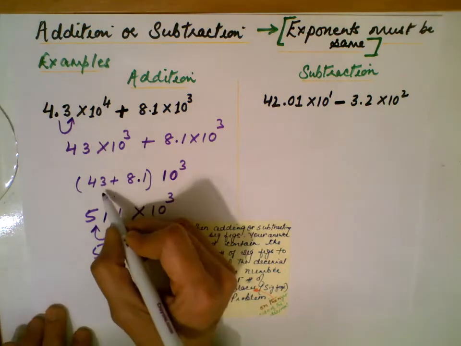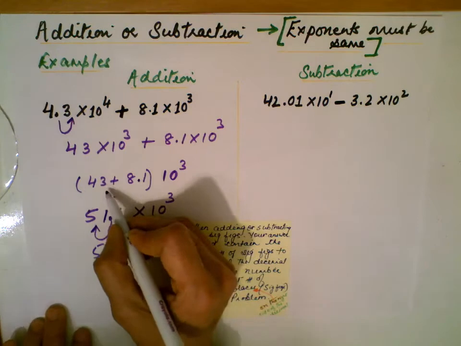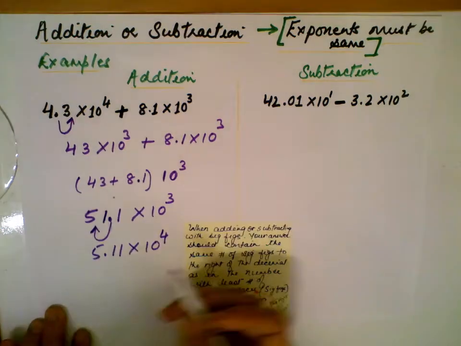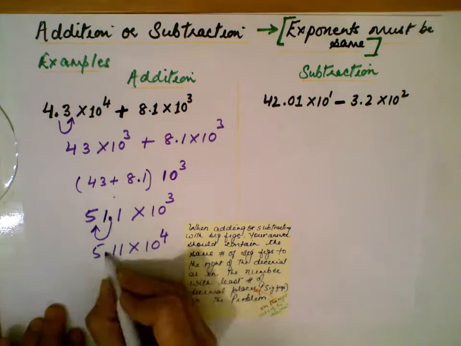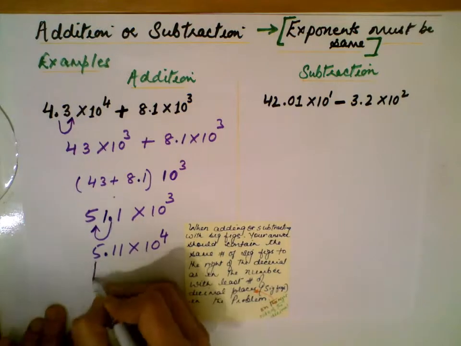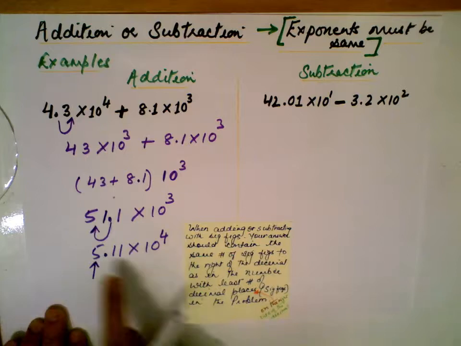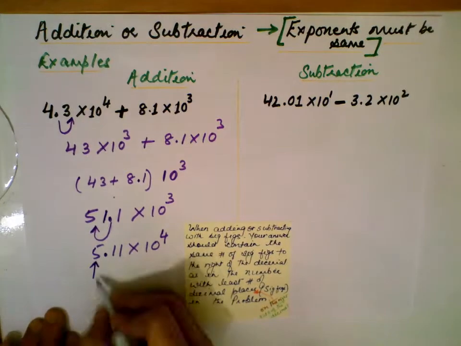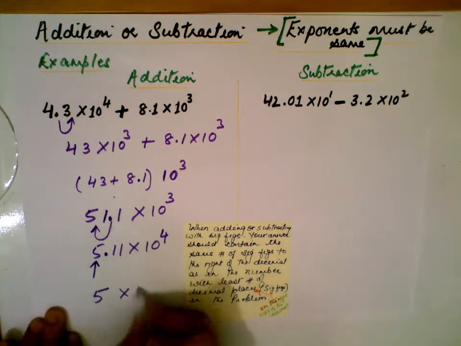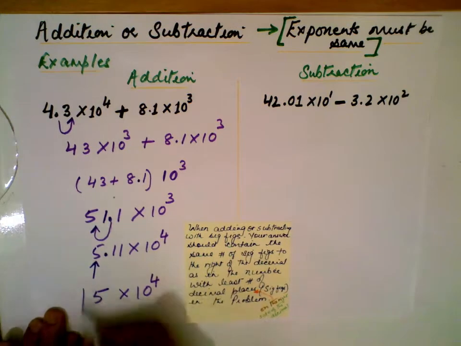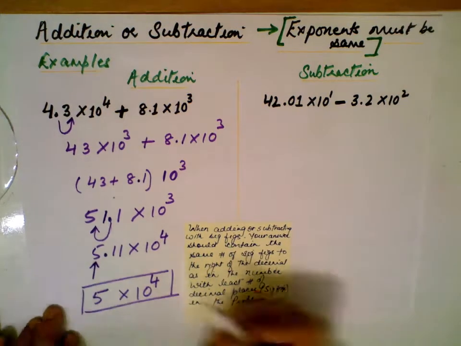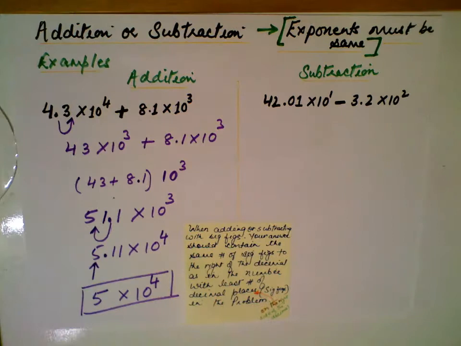So my answer should have no decimal value. Okay guys, so what am I going to do? That means I need to round it off here. When I round it off here, since my next number is 1, this is going to remain as 5. All right, so this is my answer with correct significant figures.